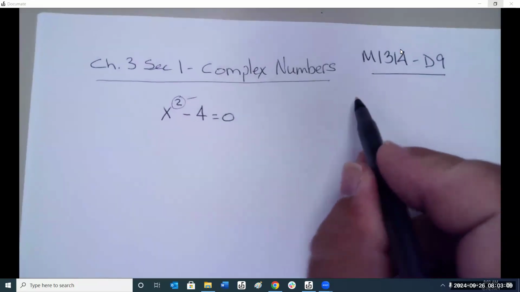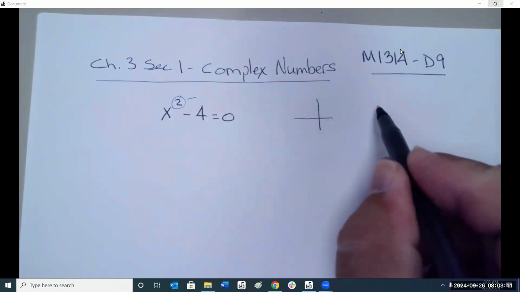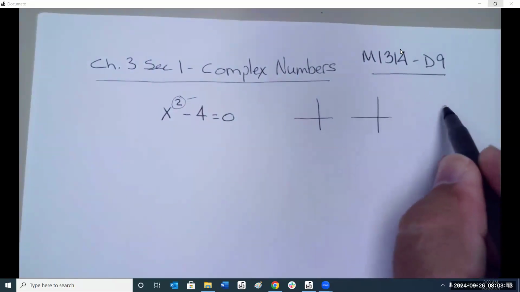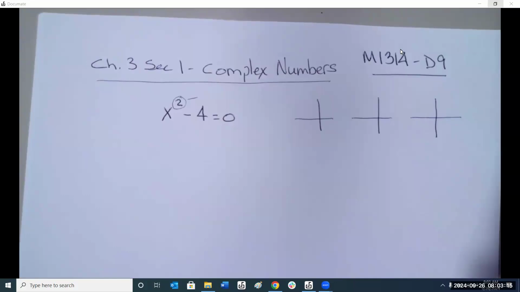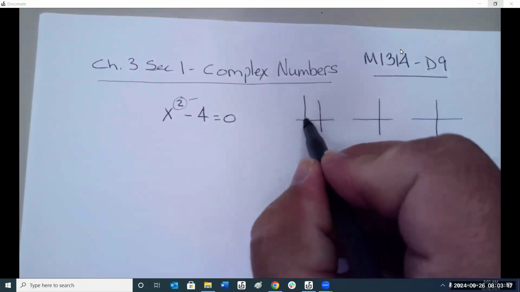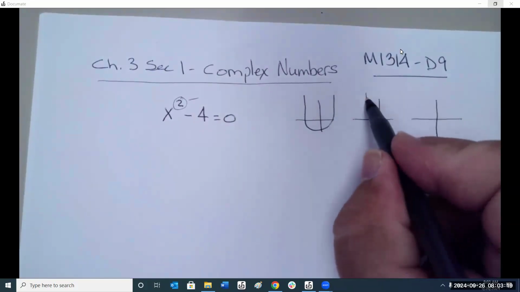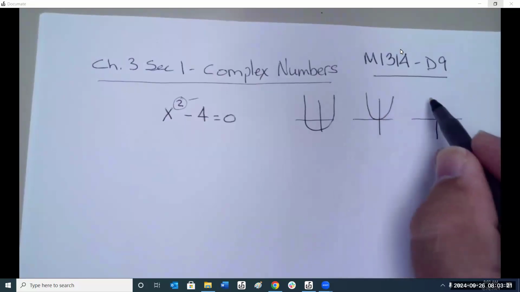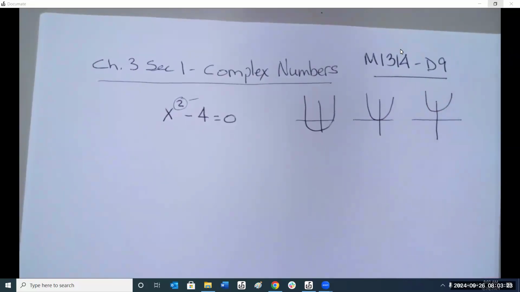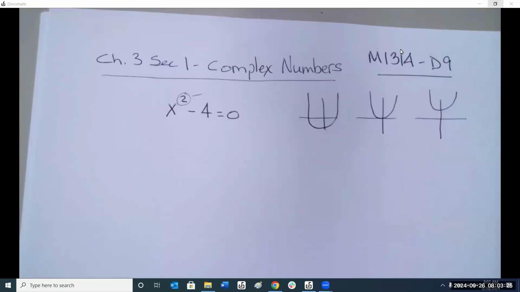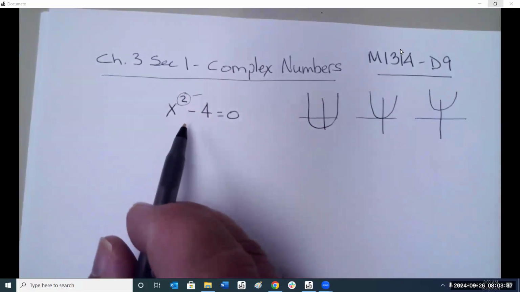It's a parabola. If you think about it, remember, what are solutions? X-intercepts. So we can have two X-intercepts, we can have one X-intercept, or we can have no X-intercepts. So we know we're supposed to have two answers.